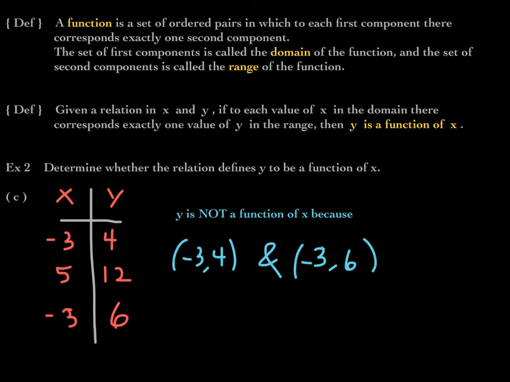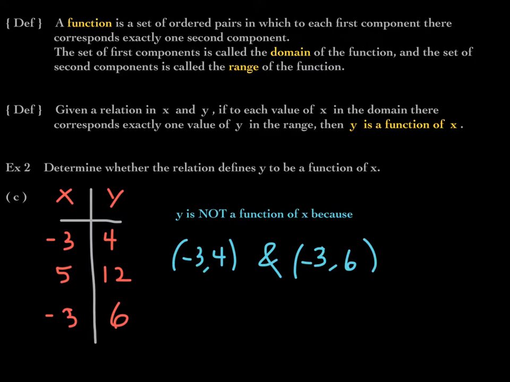So I want to really be clear here. In the previous example, we saw 9 repeat. It was right here in the y column. 9 repeated itself, and then we said y is a function of x. It's all good. But in this example, -3 is repeating in the x column, and we're saying y is not a function of x. So let's be very clear. In order for a relation to be a function, the relationship between x and y is very strict on your domain values, very strict on your x values.